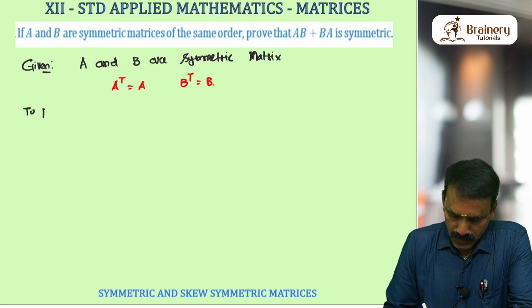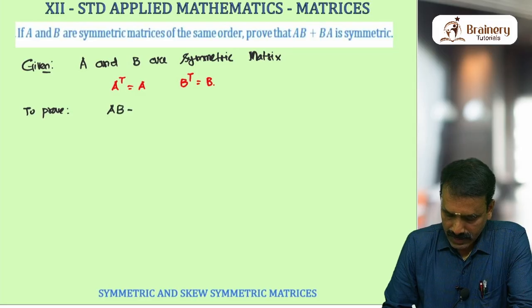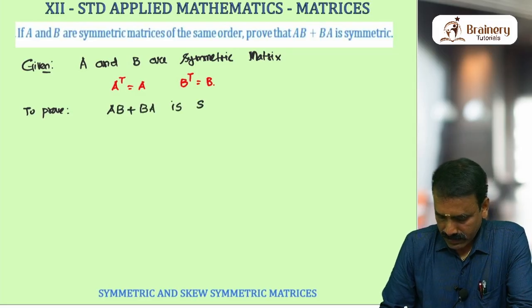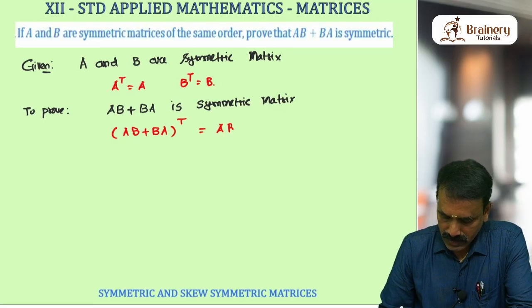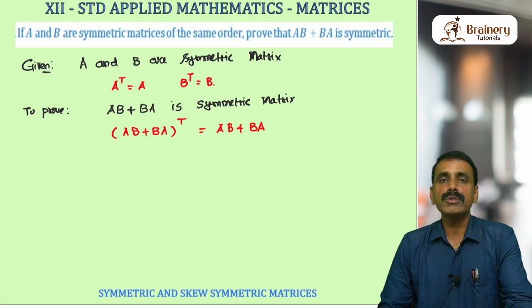To prove AB plus BA is a symmetric matrix. That is, we are supposed to prove AB plus BA whole transpose is equal to AB plus BA.